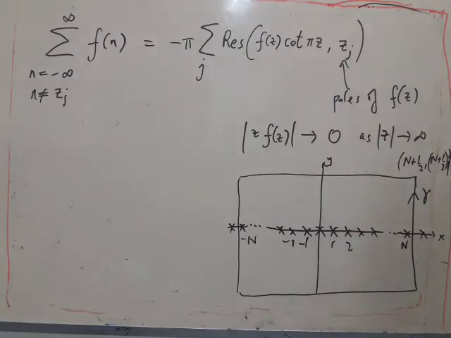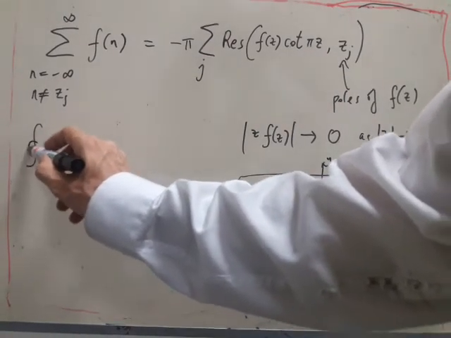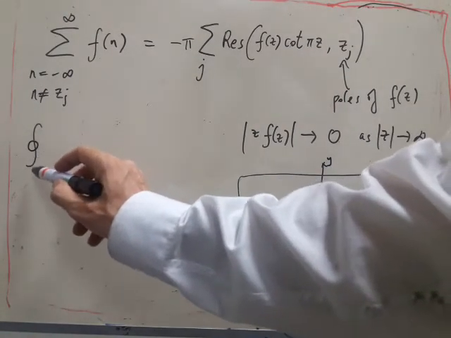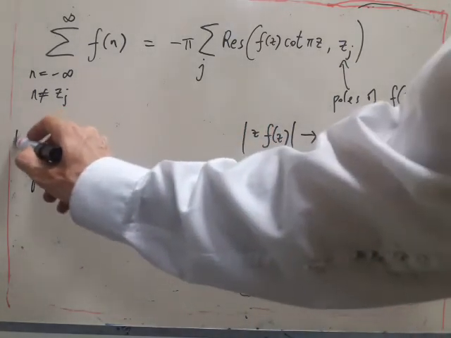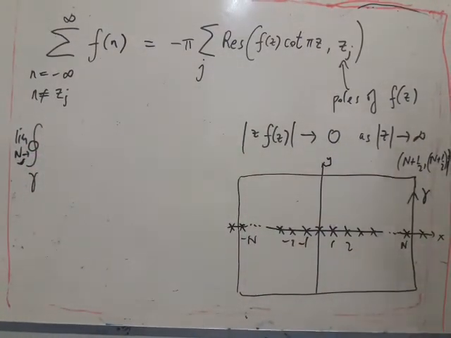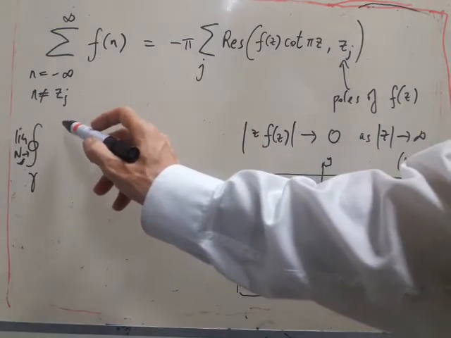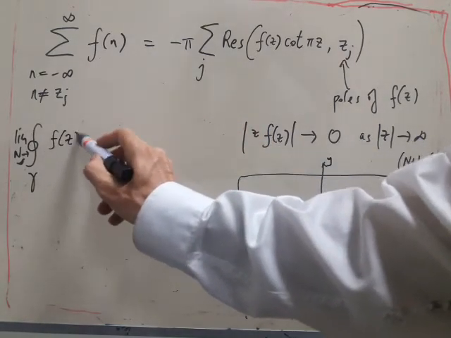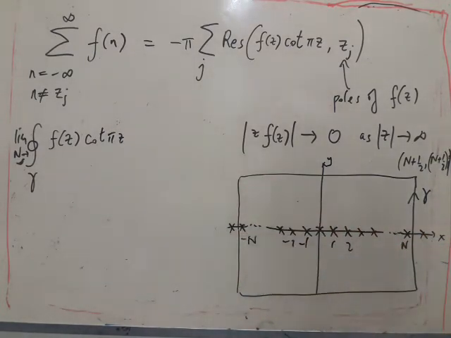So what we want to do next is show that this contour integral, the integral itself, as n goes to infinity, so n is an integer which is going to infinity, we want to show that that quantity actually is 0.